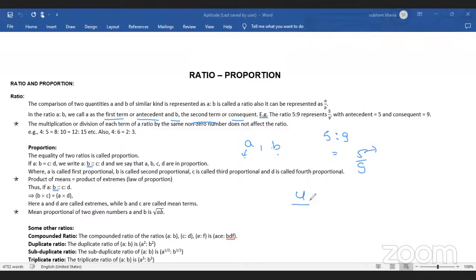Also, whenever we write 4:6 or 8:10, we try to write them in the simplest form possible. So 4:6 is 2:3, 8:10 is 4:5. Always try to write the ratio in the simplest form.